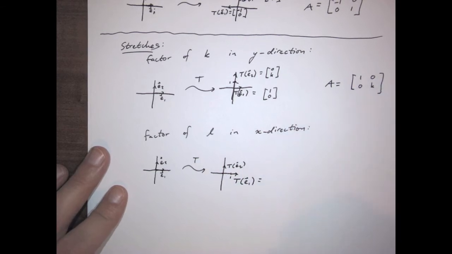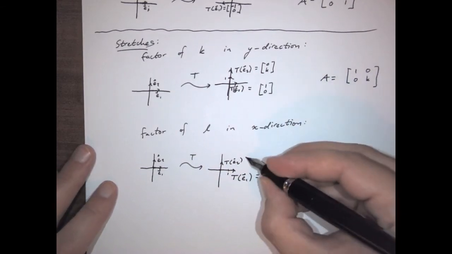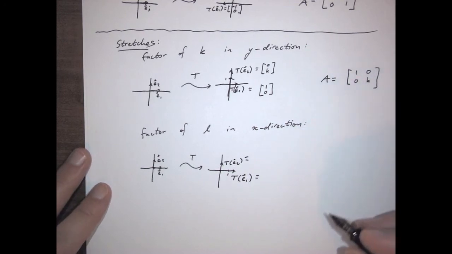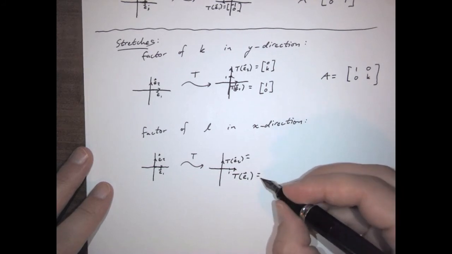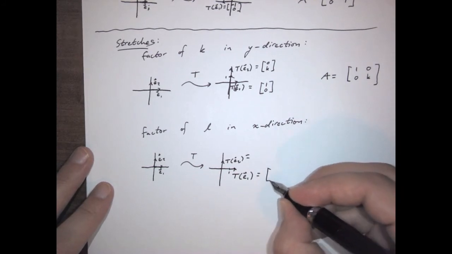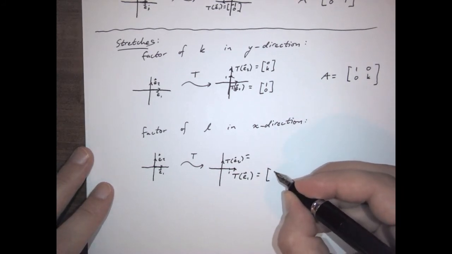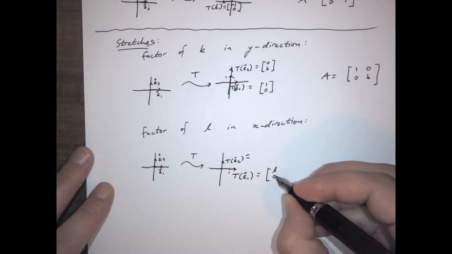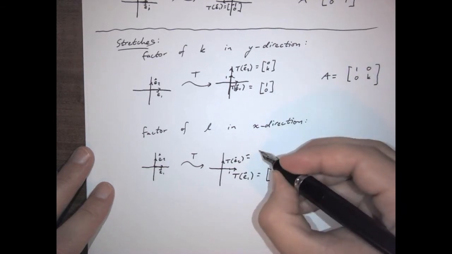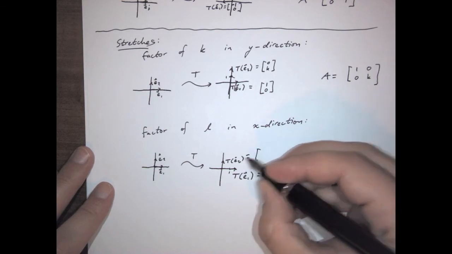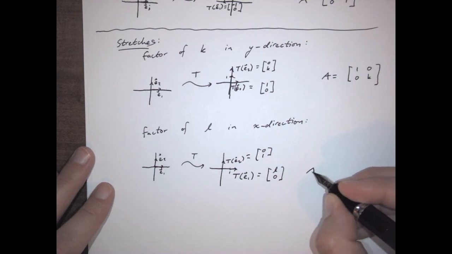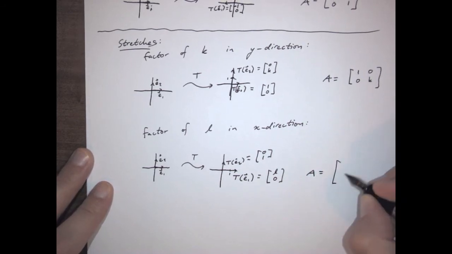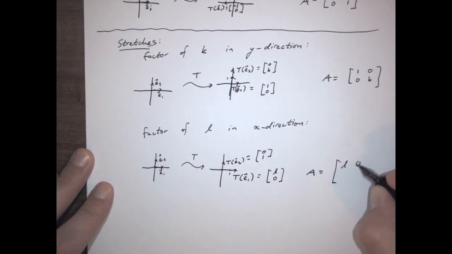And maybe L is negative too if it's a transformation that combines a stretch along with a reflection, or if L is less than 1, it would be a compression technically. So here we'll have L, 0, and here we'll have 0, 1, and so then we could have A is equal to L, 0, 0, 1.